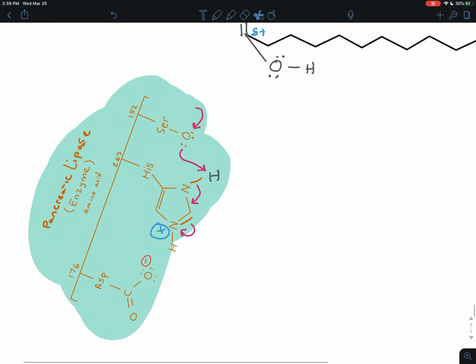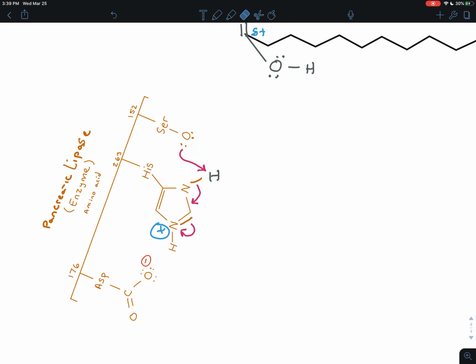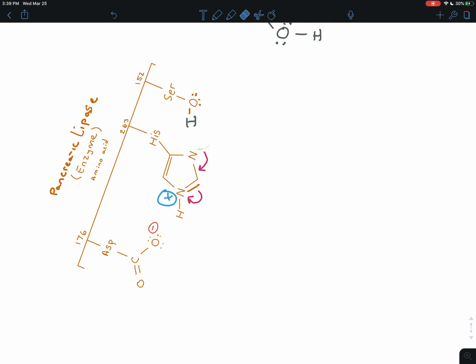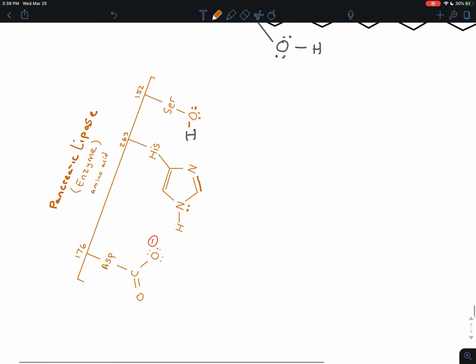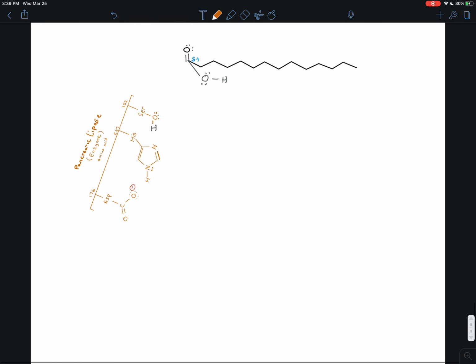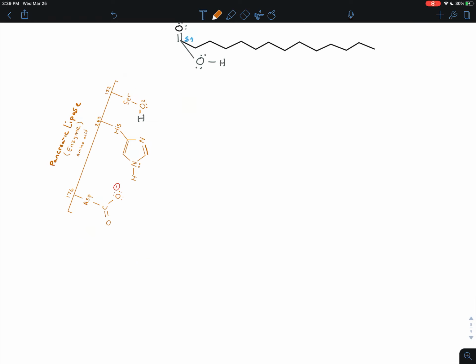Now, when it does, the bond that just broke is going to become a lone pair, and the lone pair on the opposite side is going to steal this hydrogen. So that's stable. The electrons in the bond to the hydrogen will become a pi bond, and they'll push these pi electrons over to stabilize the positive charge on that nitrogen. So we're left with our neutral pancreatic lipase enzyme again.